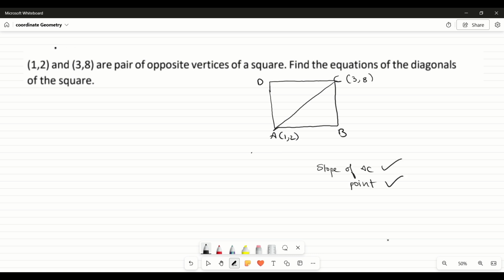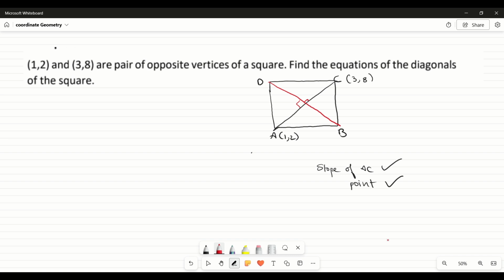Because we have AC, the slope of AC we can find easily. We have a point also. That means we are done. We can find the equation of AC easily. But as we know, there are two diagonals of a square, so we need BD. Now how are we going to work here?